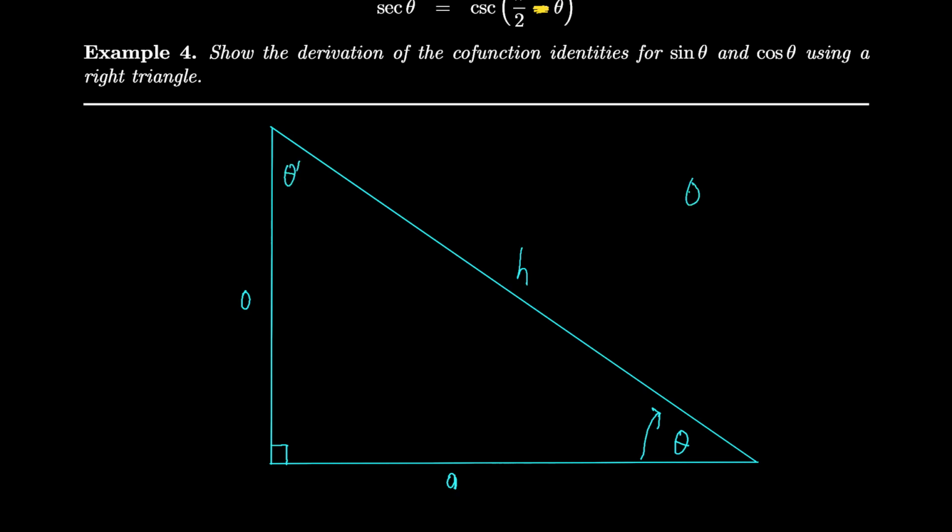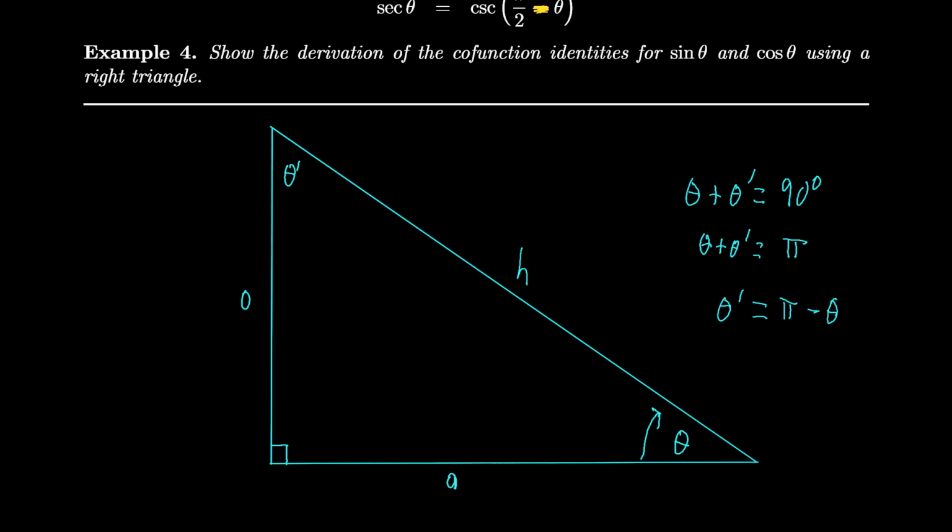So theta plus theta prime needs to equal 90 degrees, or pi over 2 radians.